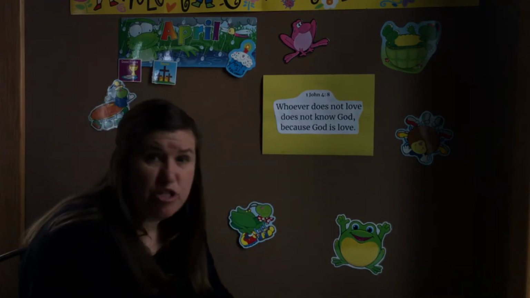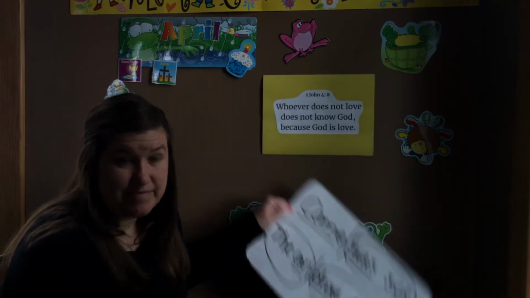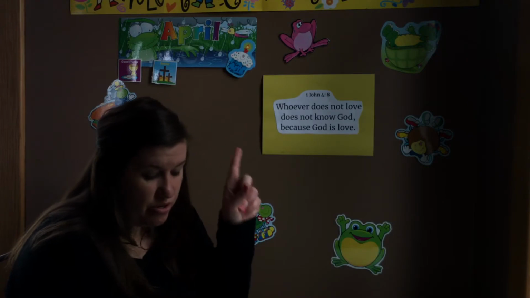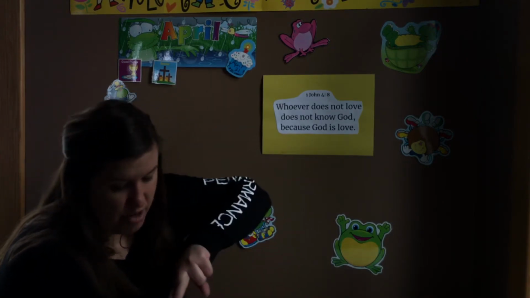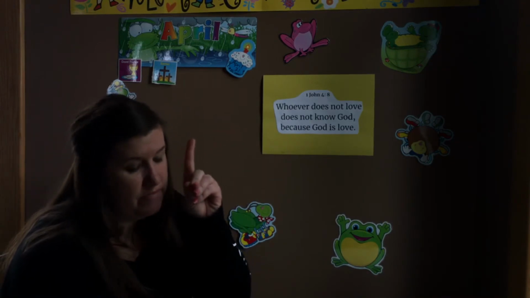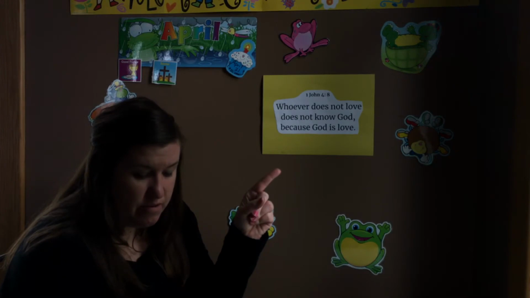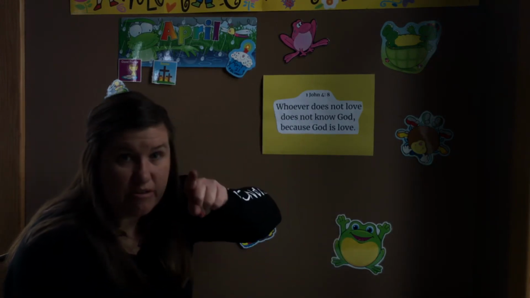Did that say subject part? No, it just said subject, one word. Okay? So you're going to circle the verb. Draw your vertical line in between the subject part and the predicate part. Underline the subject. One word. So you're going to have a word underlined, a line, and then a verb circled. That's it.